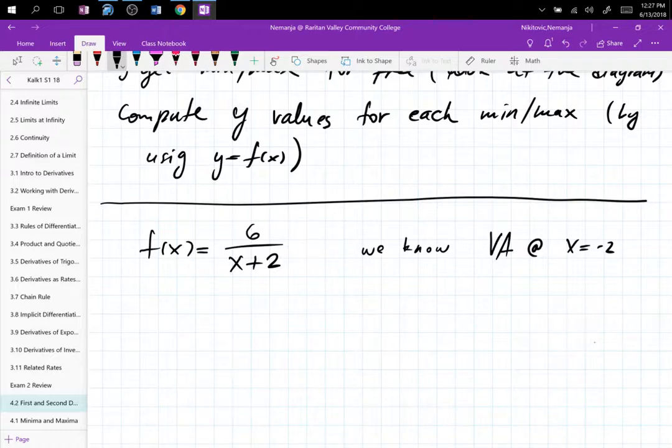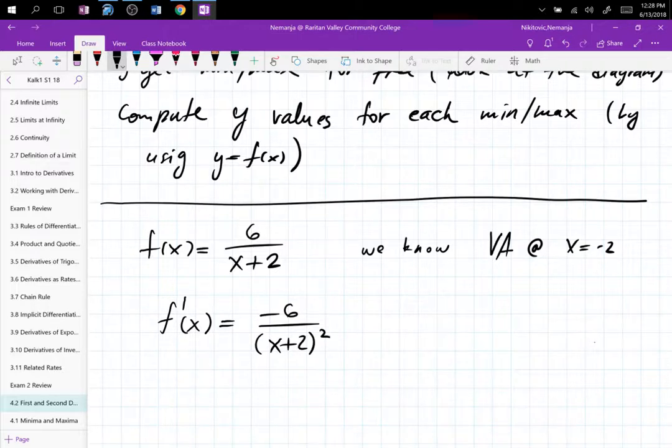Now, I still have to do all of the stuff, which is set the first derivative equal to 0 to find critical numbers. So, first derivative of f at x is equal to, and we do the derivative. It's going to be negative 6 over x plus 2 squared.